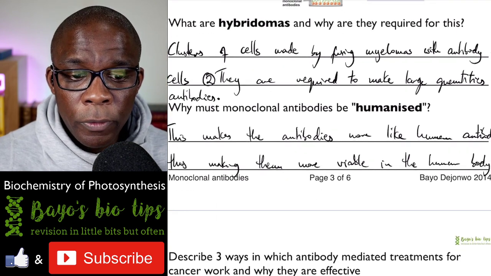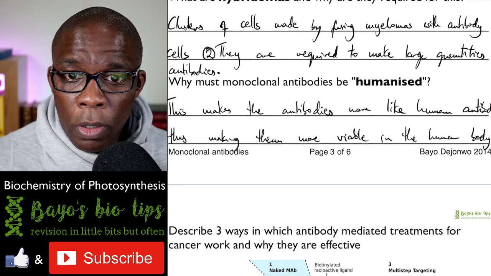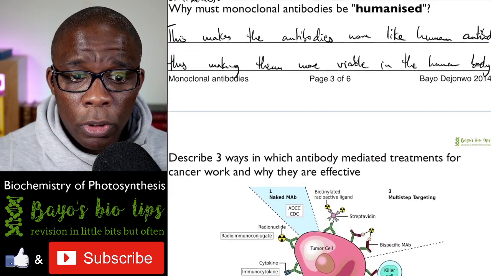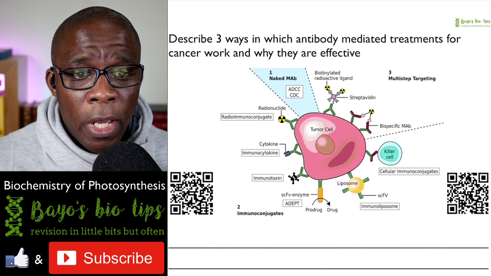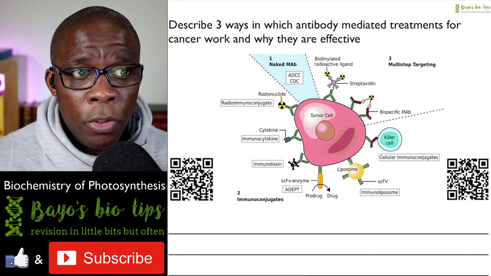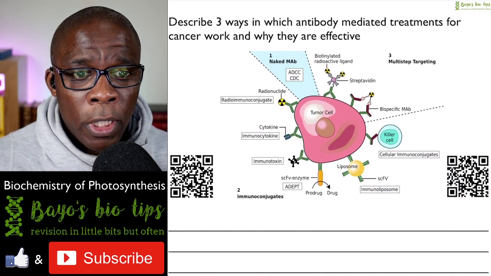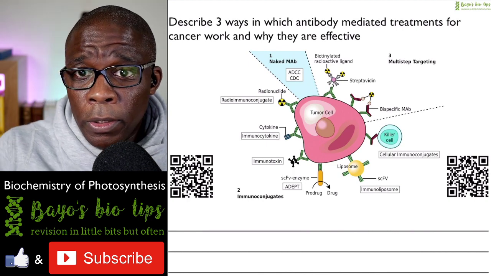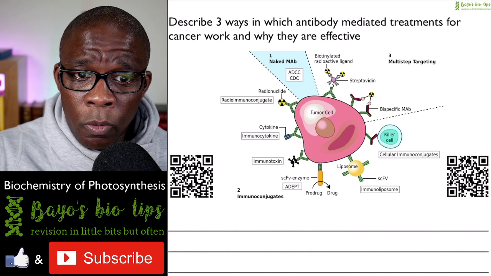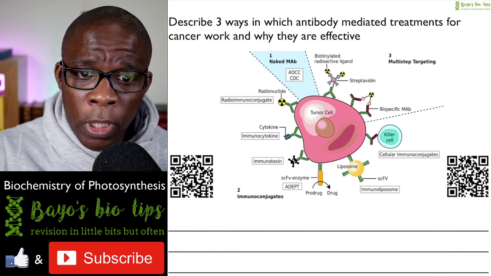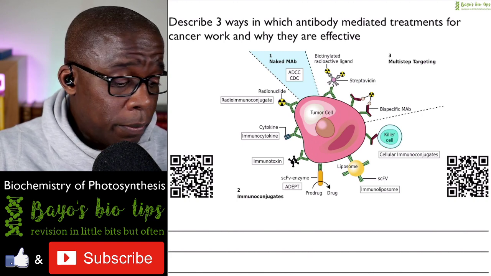Okay, so on to the next page. So here we're going to look in more depth at a more practical use of monoclonal antibodies. So in essence, we're going to talk about the different ways in which monoclonal antibodies can be used to treat cancer.